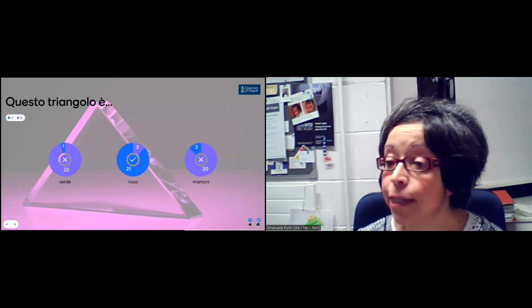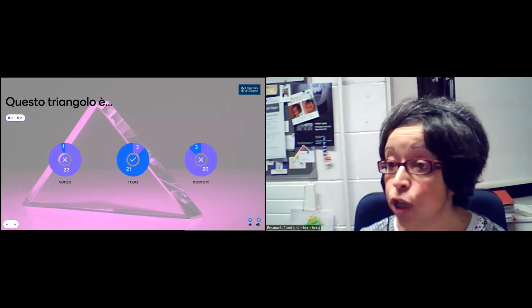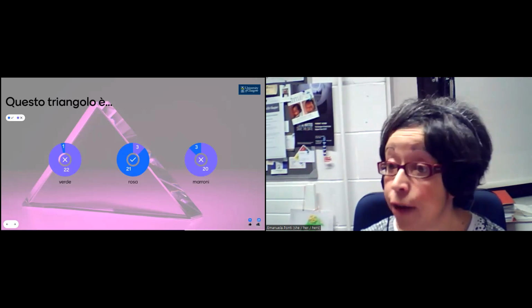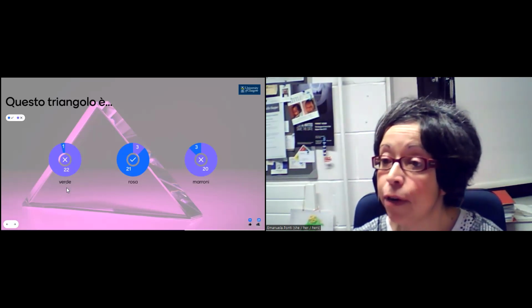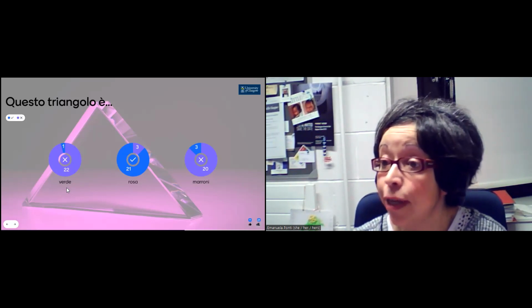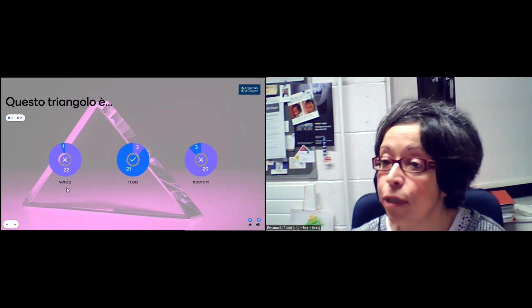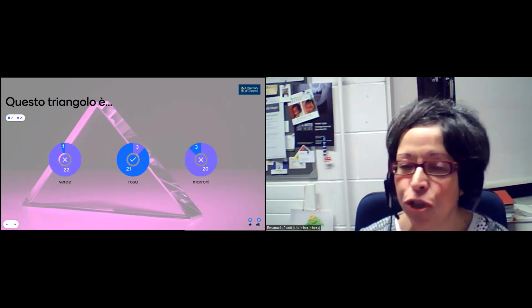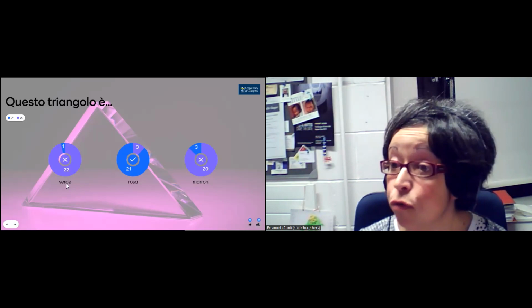This type of exercise is useful for product design students because we are revising shapes, triangles, squares, circles, and so on. We are revising the use of colors in Italian, but it's also a sort of activity that asks them to reflect not only on grammatical elements, use of adjectives, but also in a way on the ontological truth of the sentence, of the image here, because in Italian the triangle could be verde, could be green.